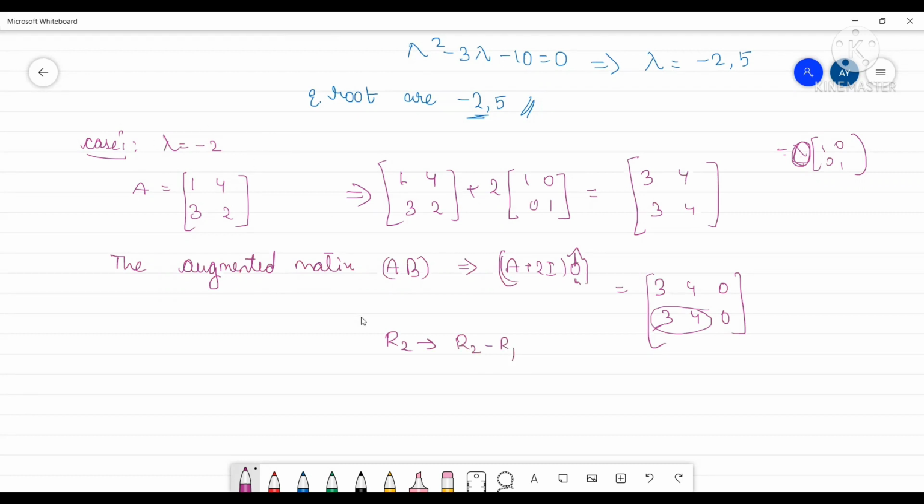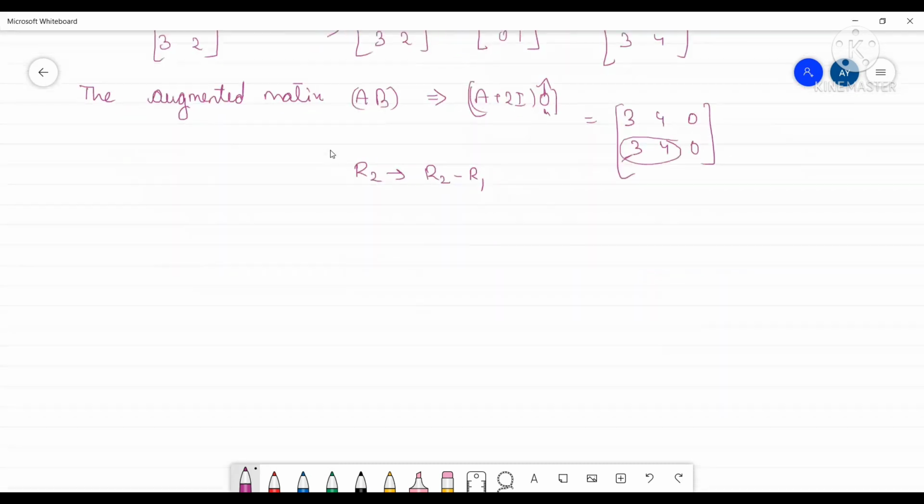If you perform the row operations, what is it that you'll get? 3, 4, 0 will be as it is, and this will become 3 minus 3, which is 0, and 4 minus 4 is also 0, and 0 minus 0 is 0. So this is 3, 4, 0, 0, 0, 0. Now you have to put these in variable form. So this will be 3x1. That is, what is B here?